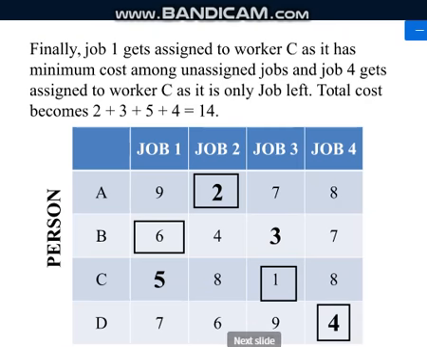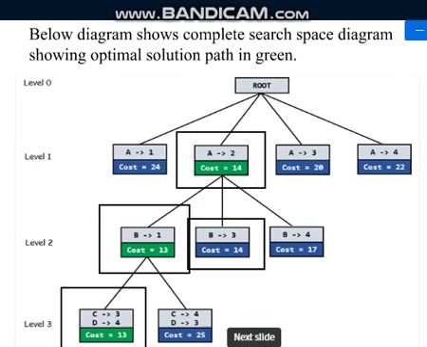See, bound is nothing but here the least possible value. So you are creating a boundary, and you cannot go beyond that. Here the least cost is 14, so you cannot accept a cost which is greater than that. You are always trying to find a lesser value compared to this 14.